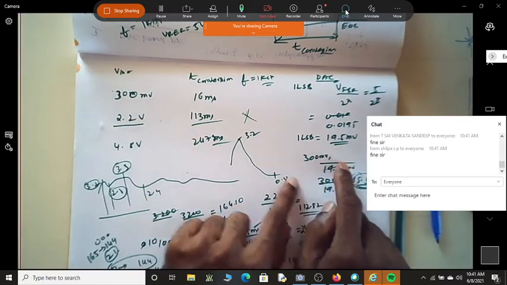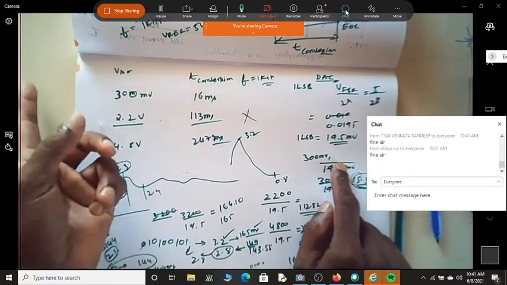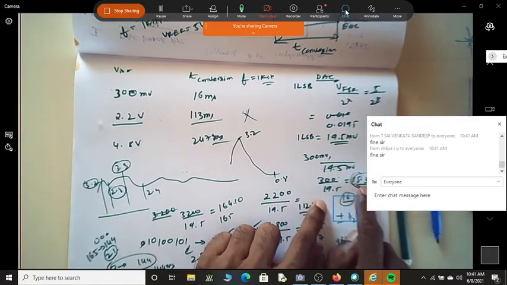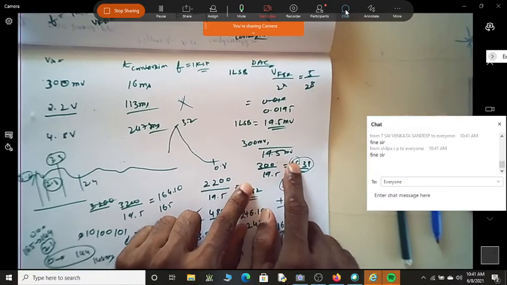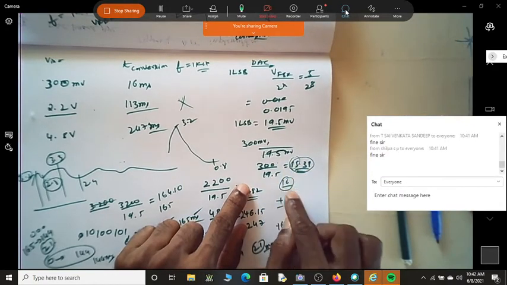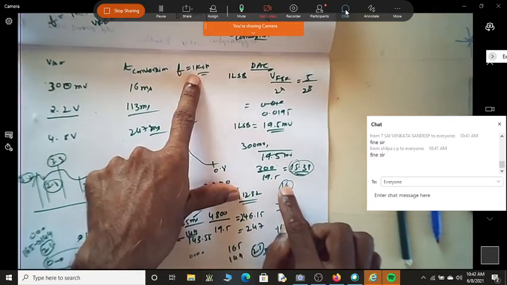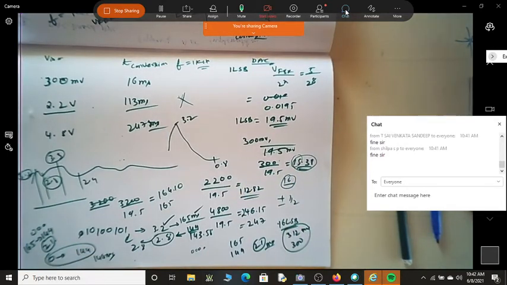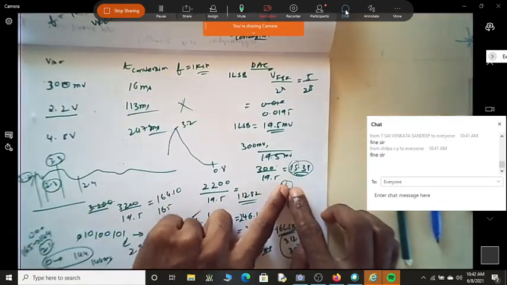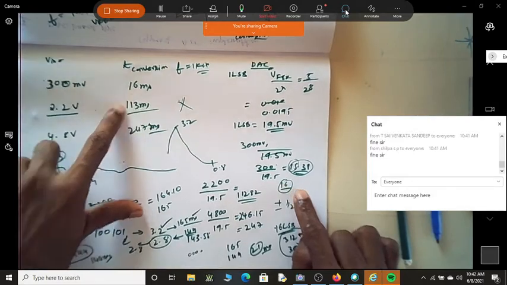You just take the ratio of that, those many LSBs, and go to the next possible integer value. So don't hang on to 15.38, go to the next integer. So it is 16 cycles. Depending on the frequency, just multiply by that time period. Since we have taken it as 1 kilohertz, just for ease, so that it will become 1 millisecond, so that it is hardly 60 milliseconds.